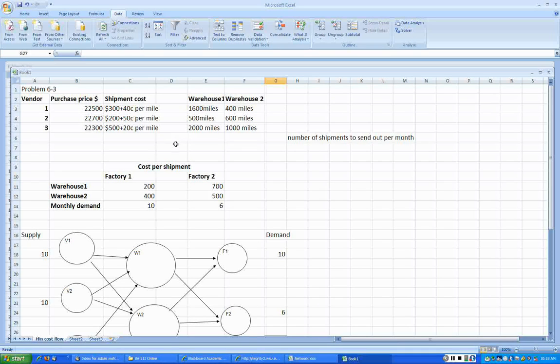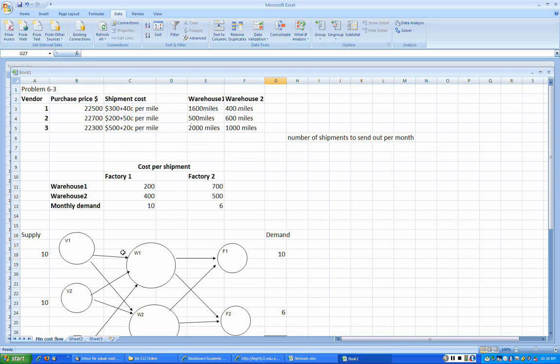Unfortunately, these vendors are located in different parts of the U.S., so their distances are different from the factory's warehouses. For example, vendor 1 is about 1,600 miles away from warehouse 1 and 400 miles away from warehouse 2, and likewise we have the details for the other two vendors.